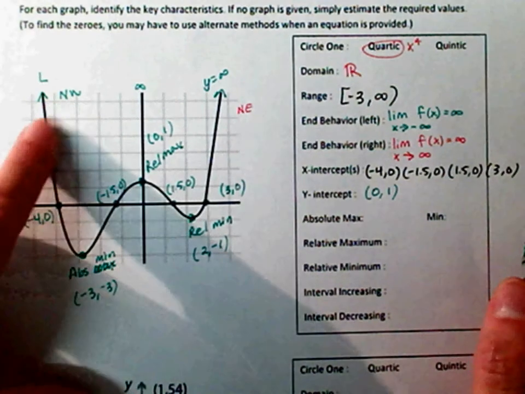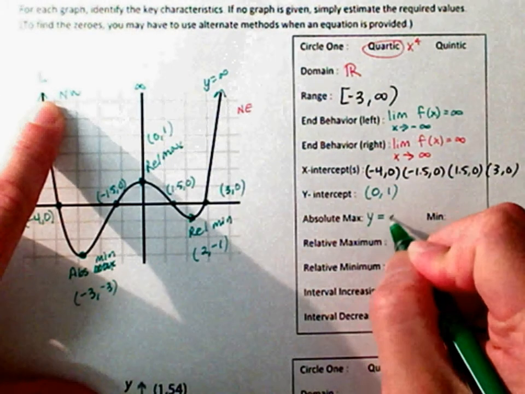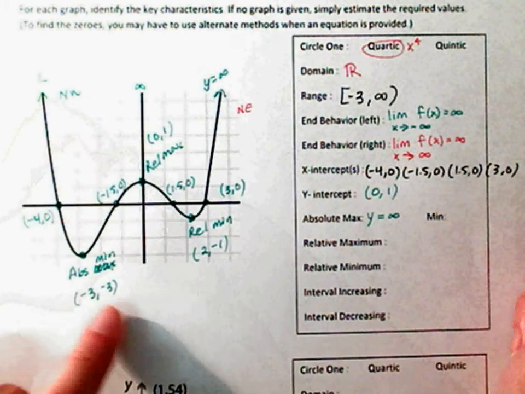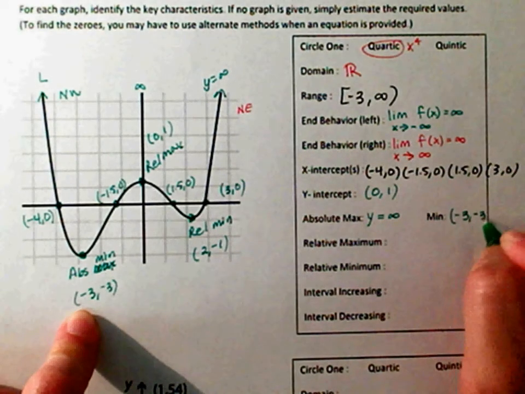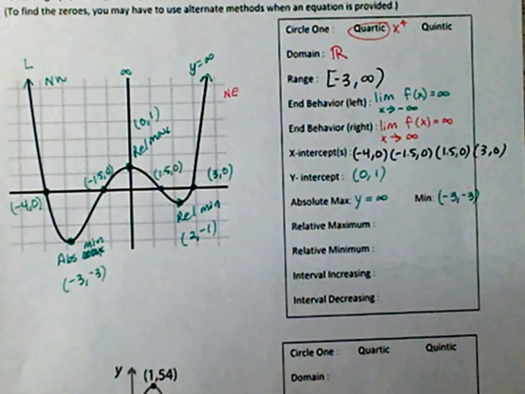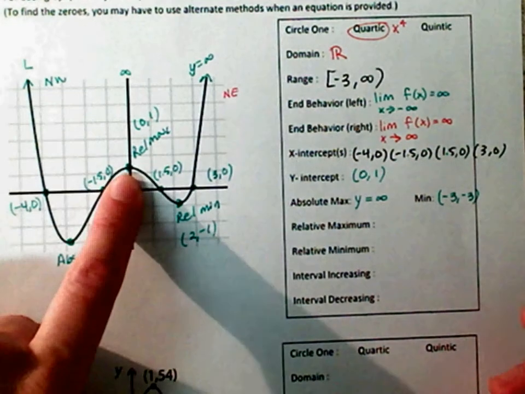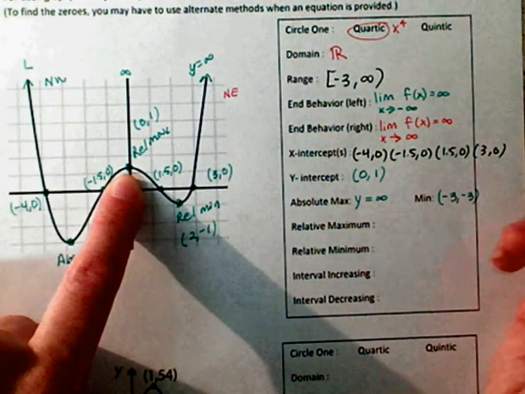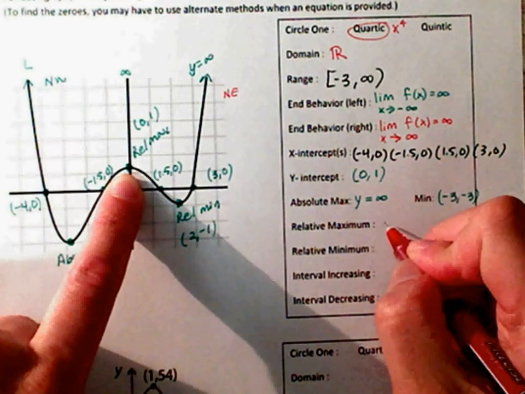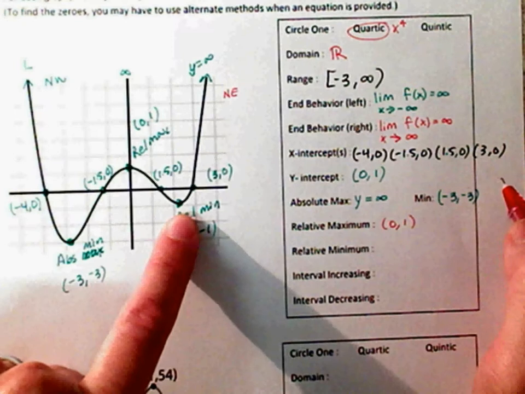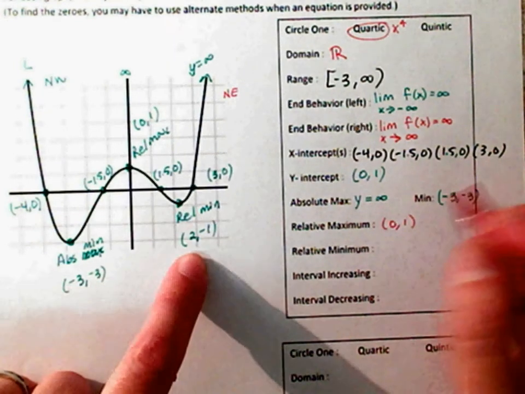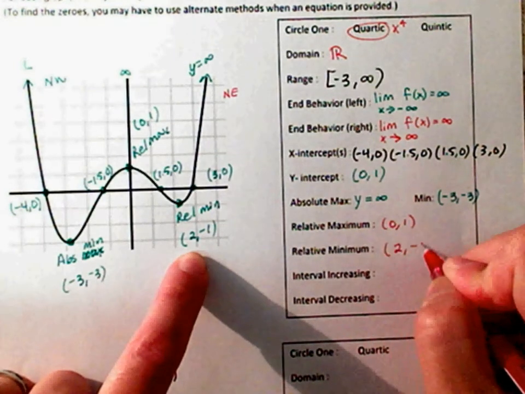Absolute max, highest of the high, is positive infinity. Absolute minimum, this is the lowest of the low, -3, -3. Okay. Relative max, that is a maximum, but it's not the highest, but it's still a max, and that is at 0, 1. Relative minimum would be this one. It's low, but it's not the lowest, so that's at 2, -1.